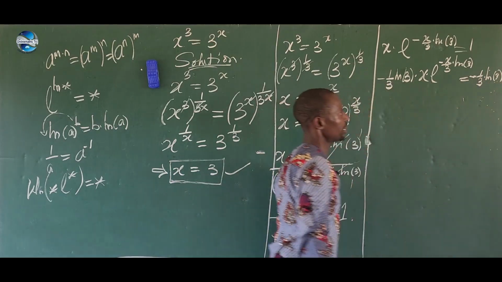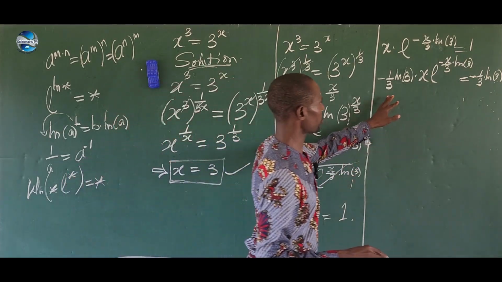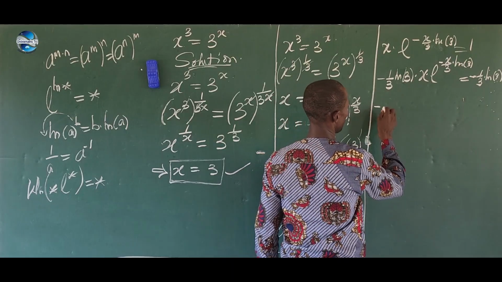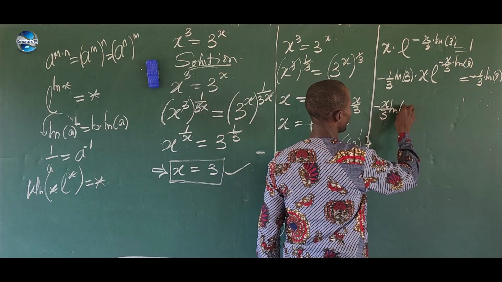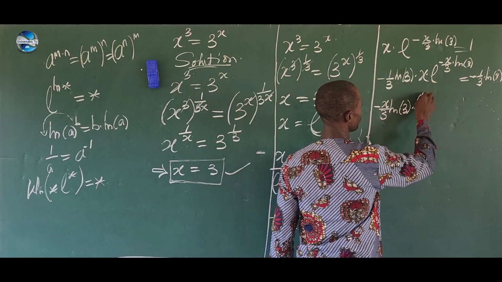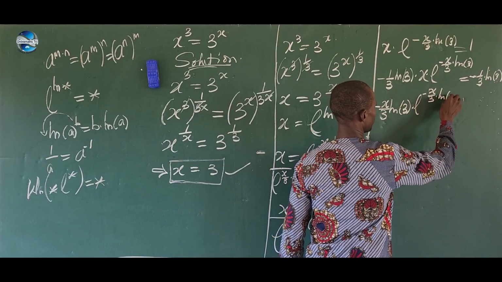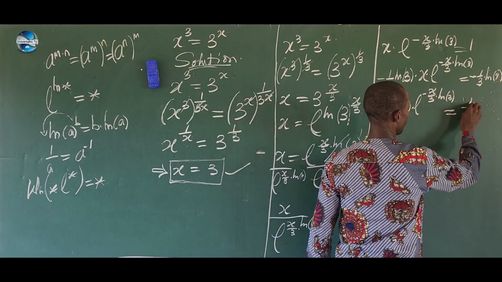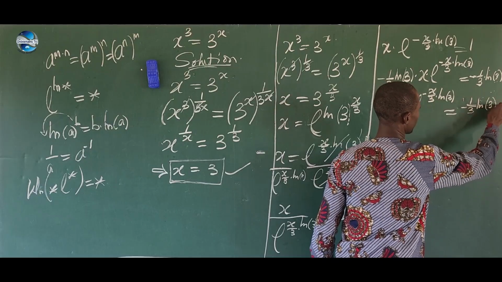All right, so let's manage this place here. With what we have here now, we can rewrite this expression. So this is going to give us minus x all over 3, the ln of 3, times e raised to minus x all over 3 times the ln of 3, equal to minus 1 all over 3, then ln of 3.